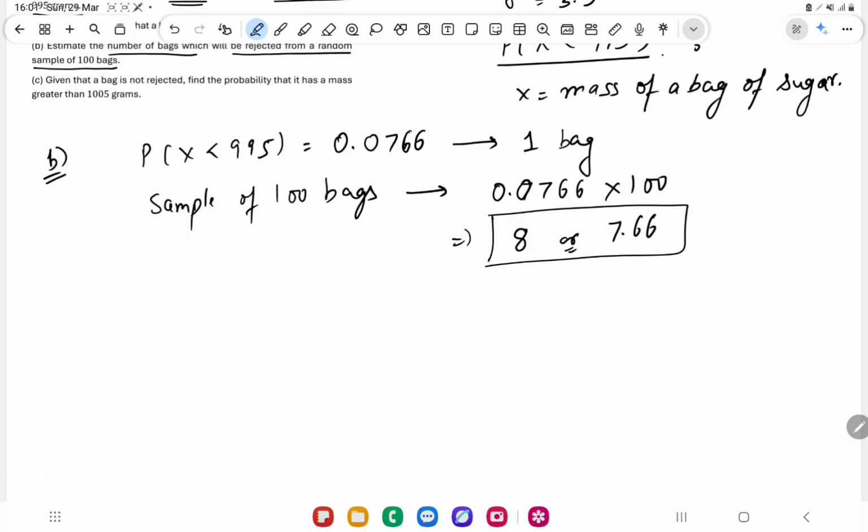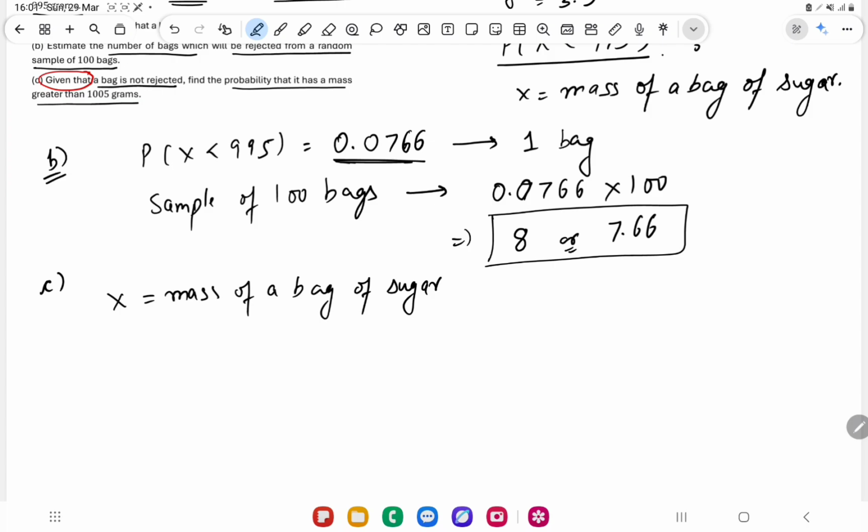Now for C part, given that the bag is not rejected, you have to remember that this value is for rejected bag. Find the probability that it has a mass greater than 1005. Since there is the word given in the part, it means we will be using conditional probability. First I have to mention what is my X. It is again the mass of a bag of sugar.